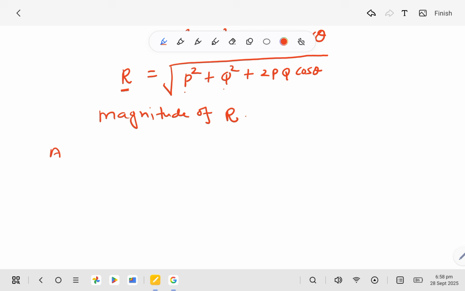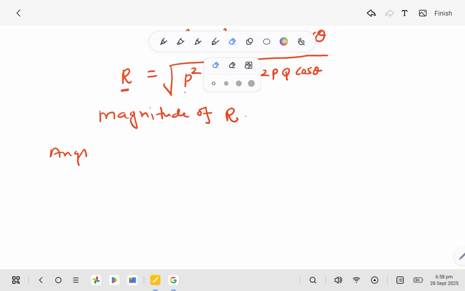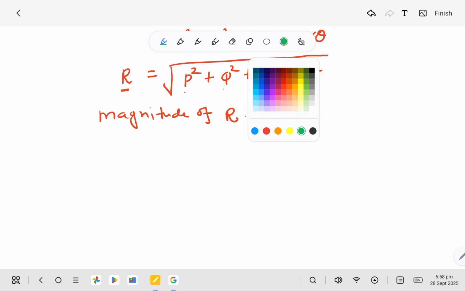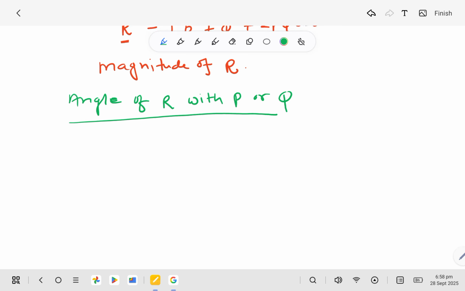Now, what is the angle of R with P or Q? So we can again use a triangle.